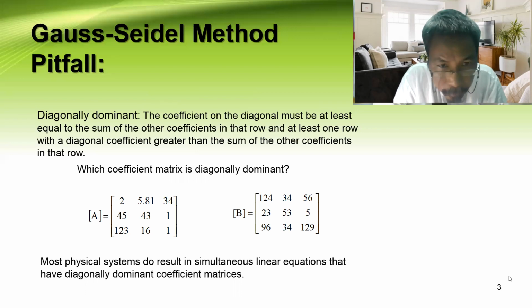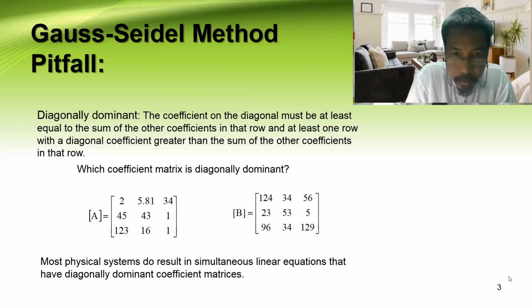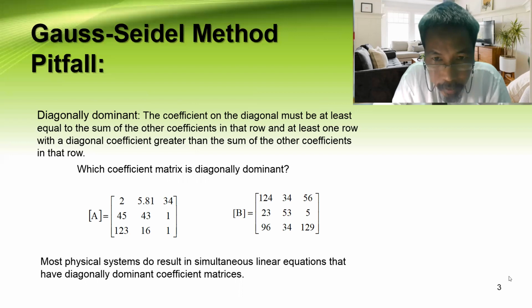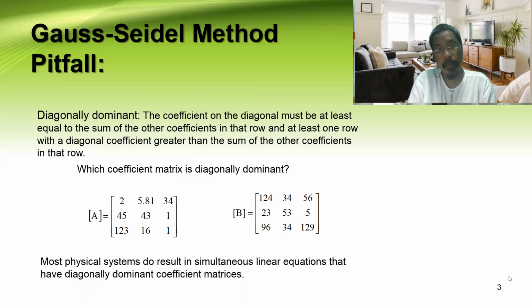Okay, let's see. Is it diagonally dominant? The coefficient on the diagonal must be at least equal to the sum of the other coefficients in that row. So at least equal, so diagonally dominant.